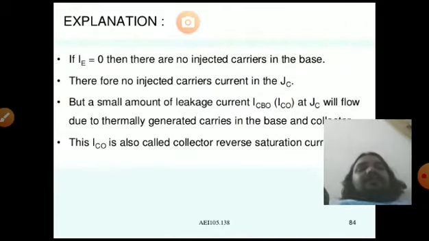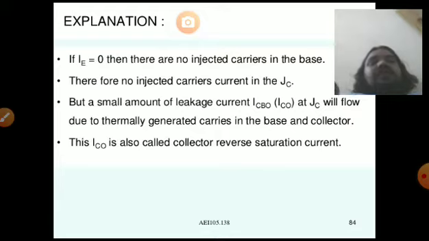Explanation of the above graph: if IE is equal to 0, then there are no injected carriers in the base.